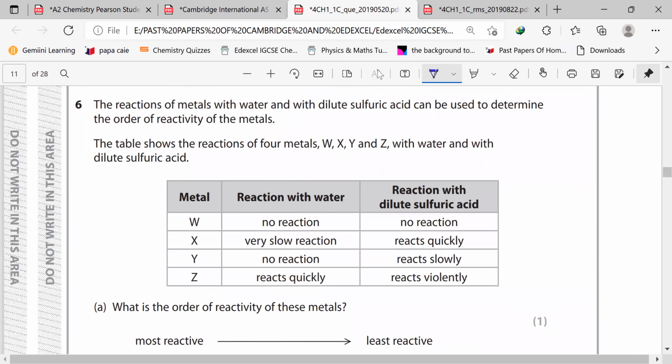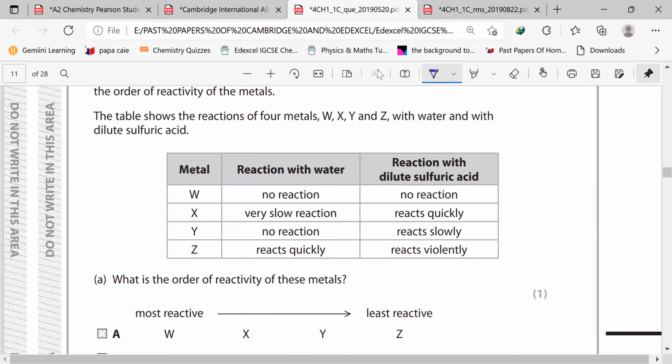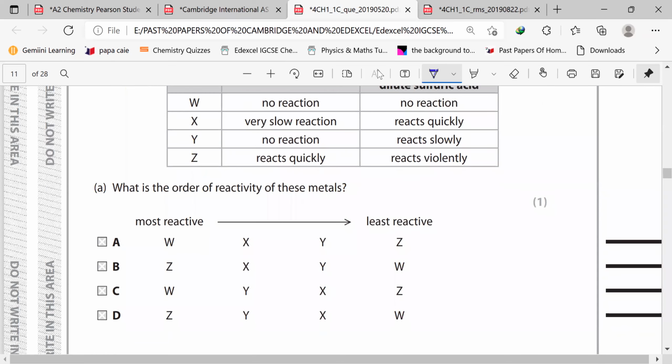A reaction of metals with water and with dilute phosphoric acid can determine the order of reactivity of the metals. The table shows the reaction of four metals, W, X, Y, and Z, with water and with dilute phosphoric acid. What is the order of reactivity of these metals?